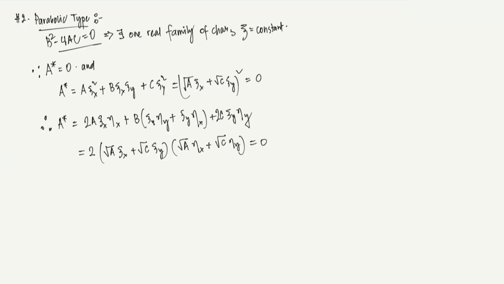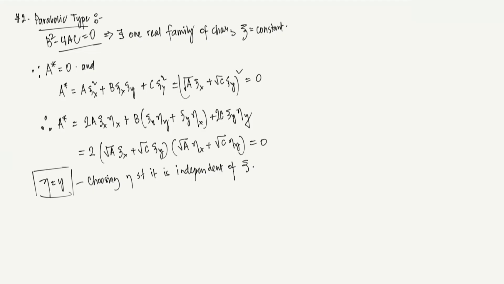This is going to be 0. This is for an arbitrary eta, which is independent of xi. We have to choose eta in such a way that it is independent of xi. If you choose it like this, then the Jacobian does not vanish.